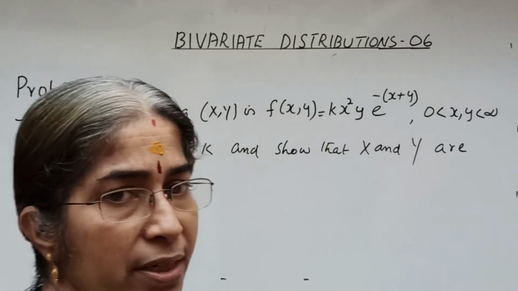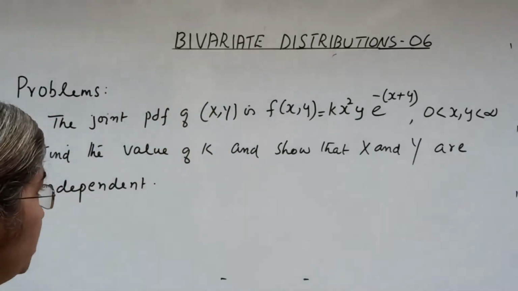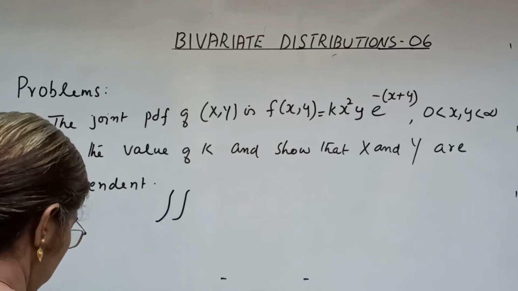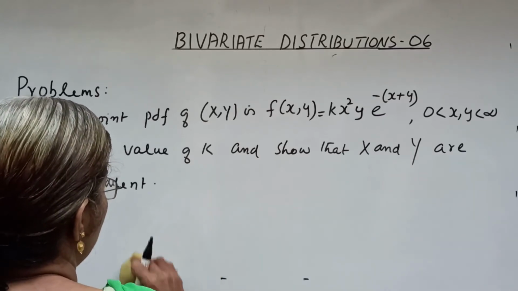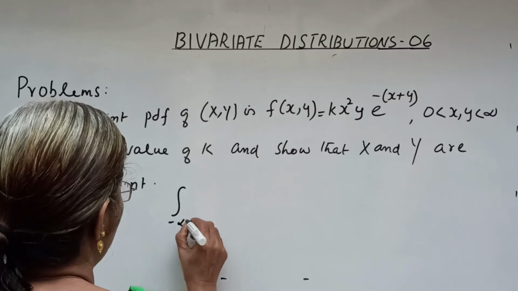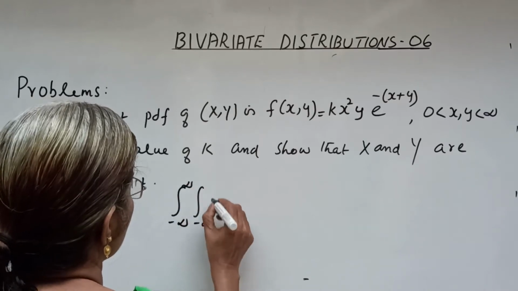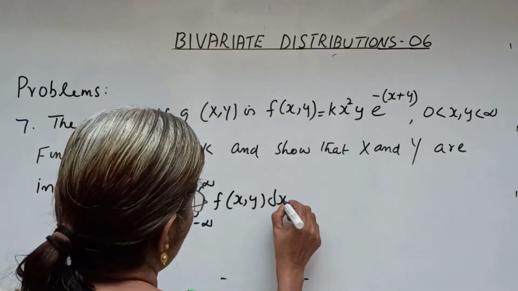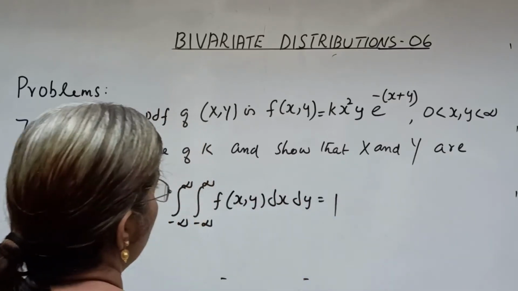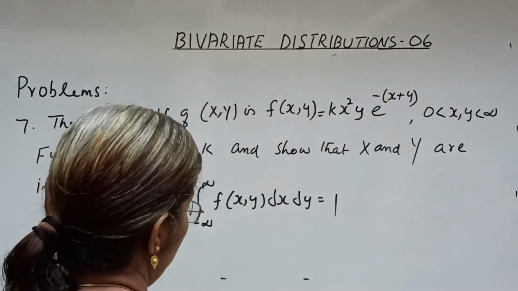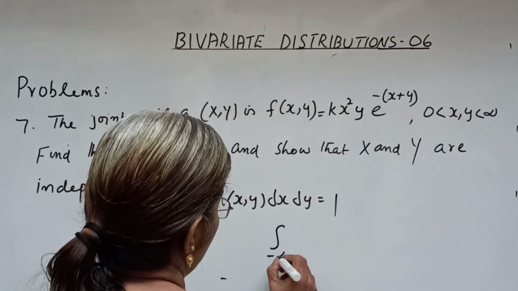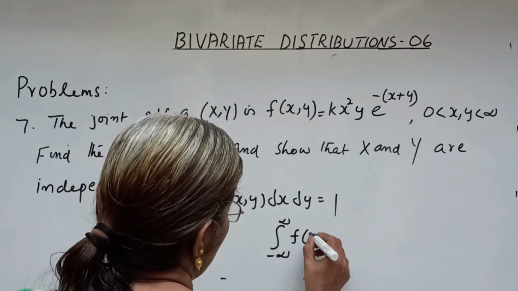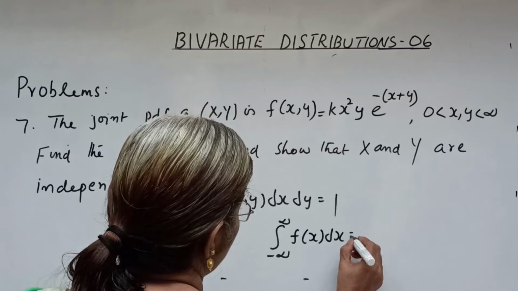We have already mentioned, to find the constant k, we apply the property double integral over minus infinity to infinity f(x,y) dx dy equal to 1 for the bivariate PDF, and for the univariate PDF we apply integral minus infinity to infinity f(x) dx equal to 1.